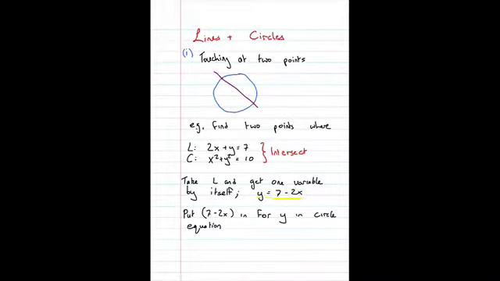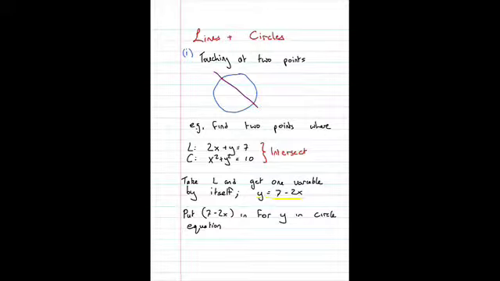When the line intersects the circle, we want to find out where they meet. How do we find out where two lines meet? Remember, we did it in the other coordinate geometry part, the line part. Simultaneous equations, yeah, exactly.